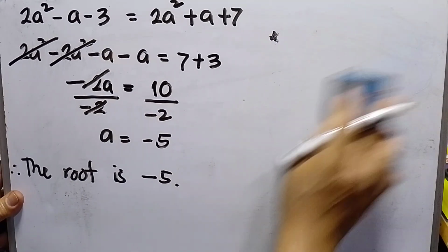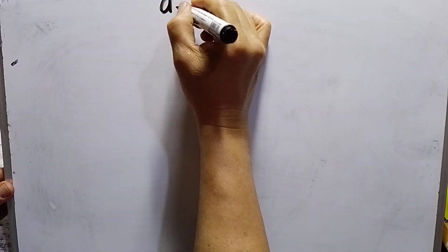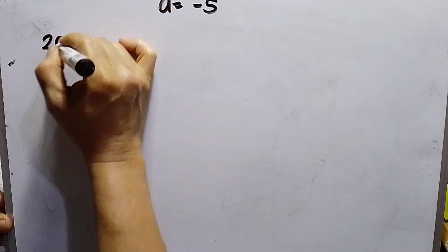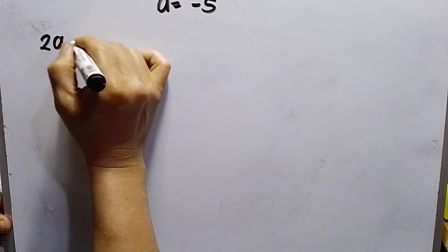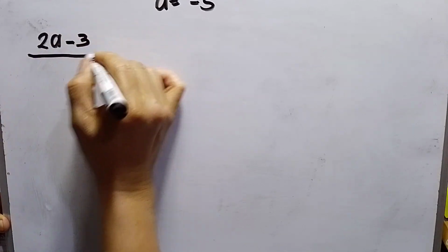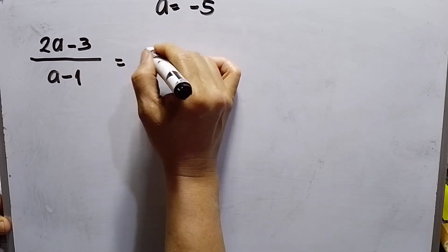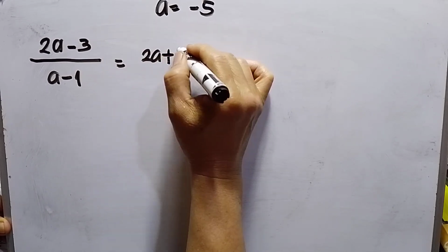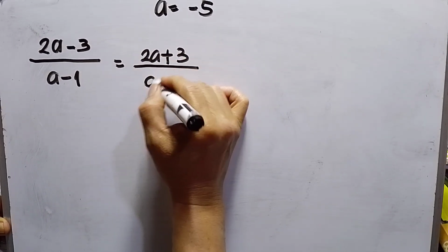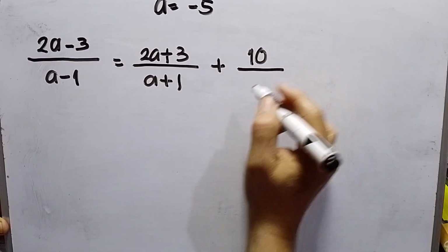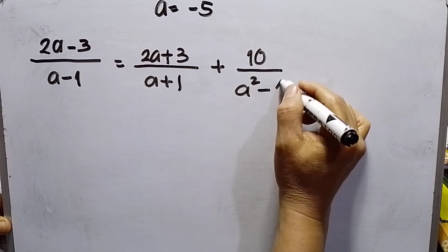Now let us check this one. So I will put in here negative 5. So the given equation is 2a minus 3 over a minus 1 is equal to 2a plus 3 over a plus 1, then plus 10 over a squared minus 1.